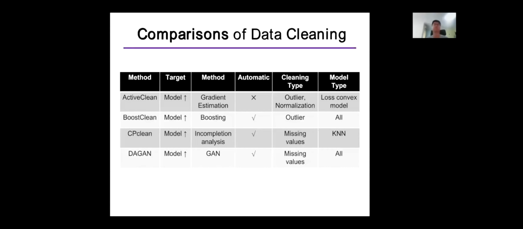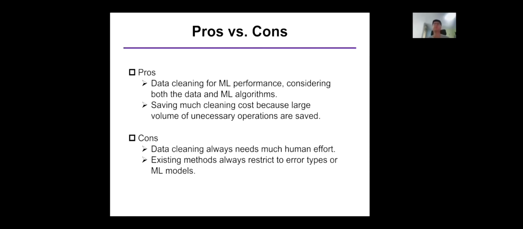So here is a comparison of data cleaning methods. The first column is the method, and all of them focus on improving the model. They use different methods, and some of them are automatic and some are not because they need humans. They clean missing values and outliers, and they follow different model types.